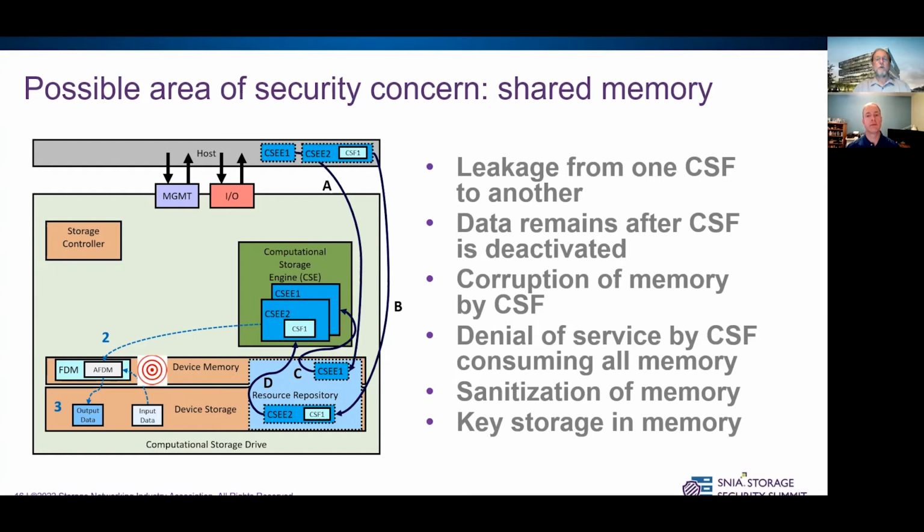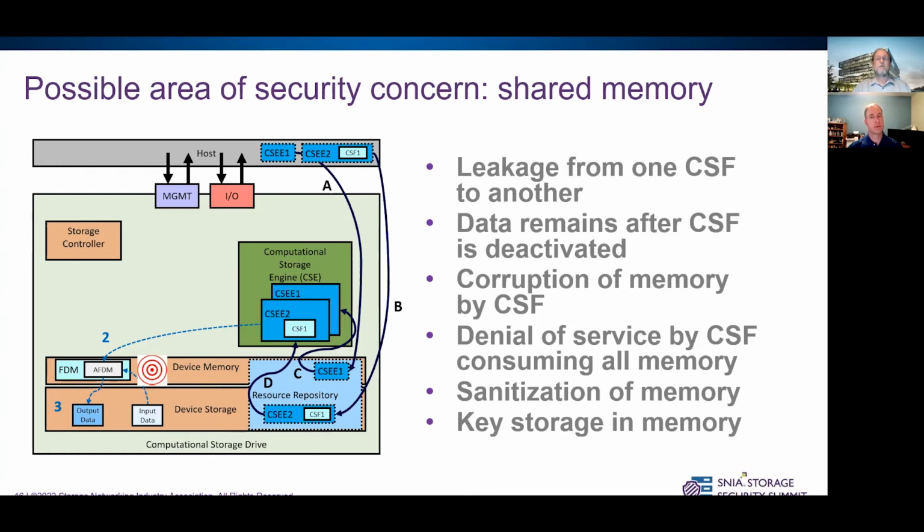So what happens when you get leakage from one computational storage function to another? How can that happen? There are multiple ways. One of them is if your allocation allocates the same physical memory to two different allocated function data memory blocks for two different computational storage functions. To me, that would be a design error in your design.